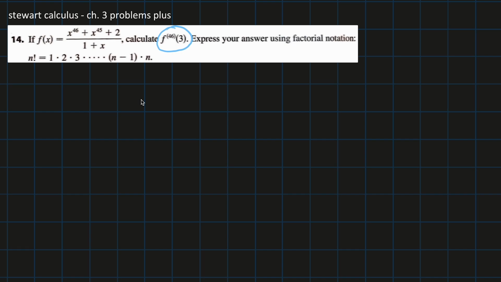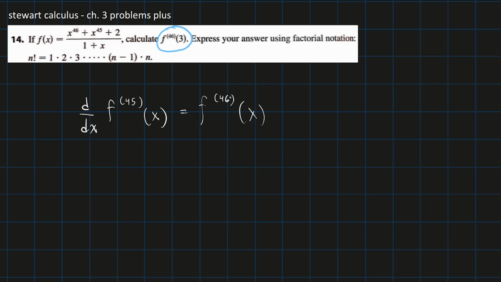And if we keep going like this 46 times, we will arrive at our 46th derivative of f of x. So essentially, if we take d over dx of our 45th derivative of f of x, we will get our 46th derivative of f of x.